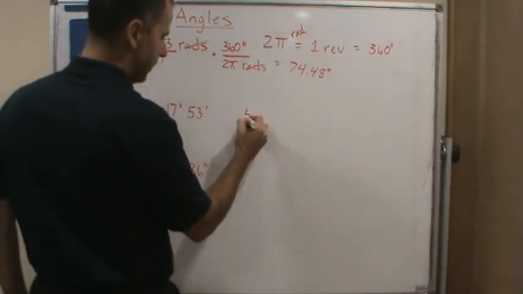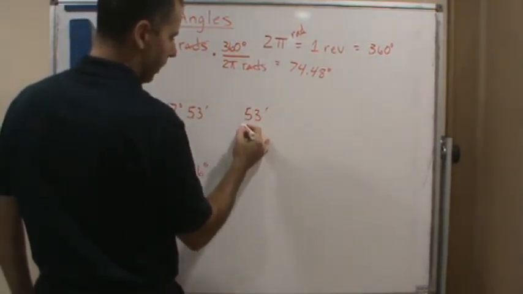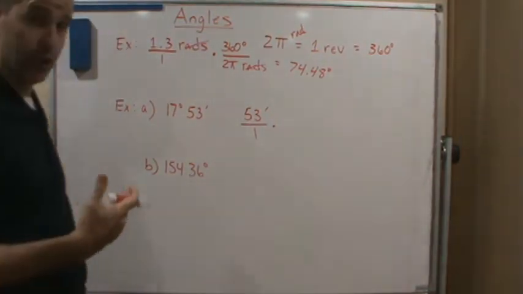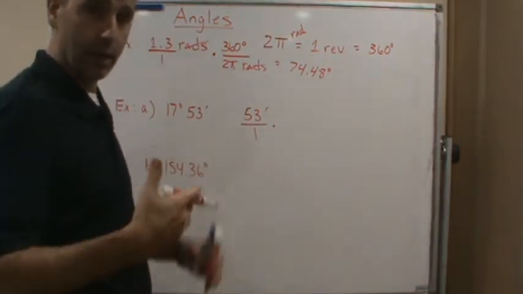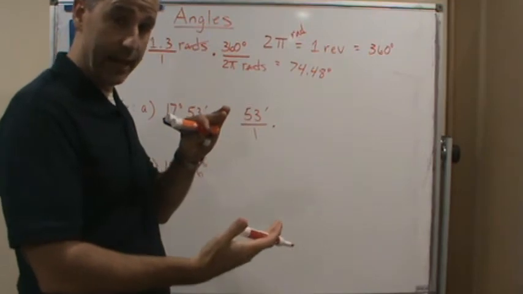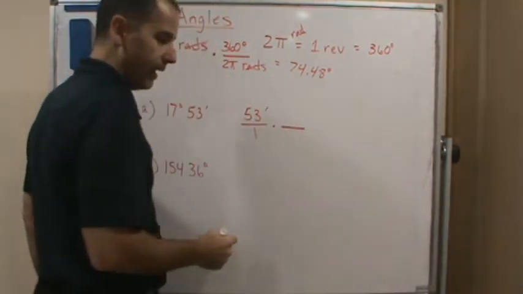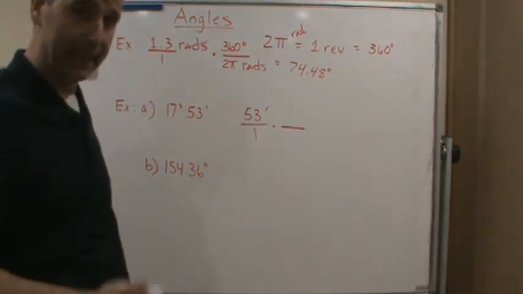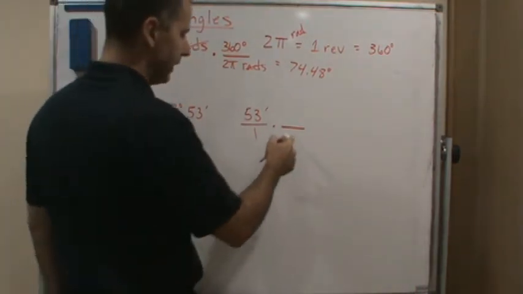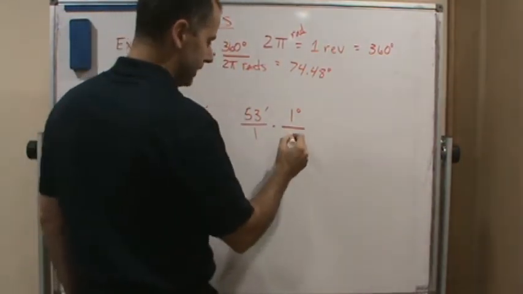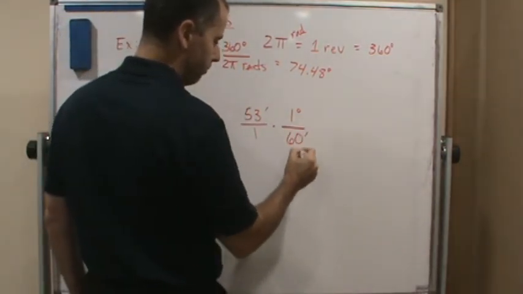I take the 53 minutes over 1, and I use a unit ratio that relates degrees and minutes. I know that every 60 minutes equals 1 degree. So I need degrees on top: 1 degree is equal to 60 minutes.